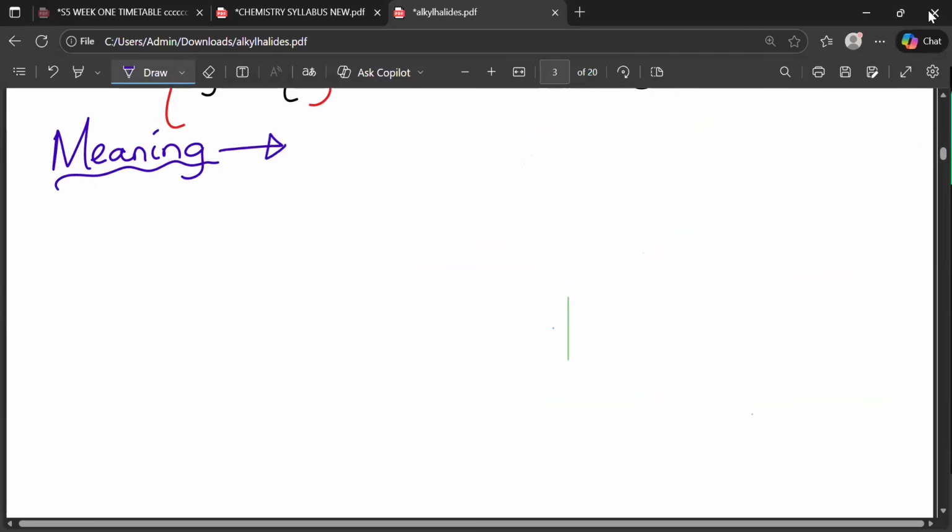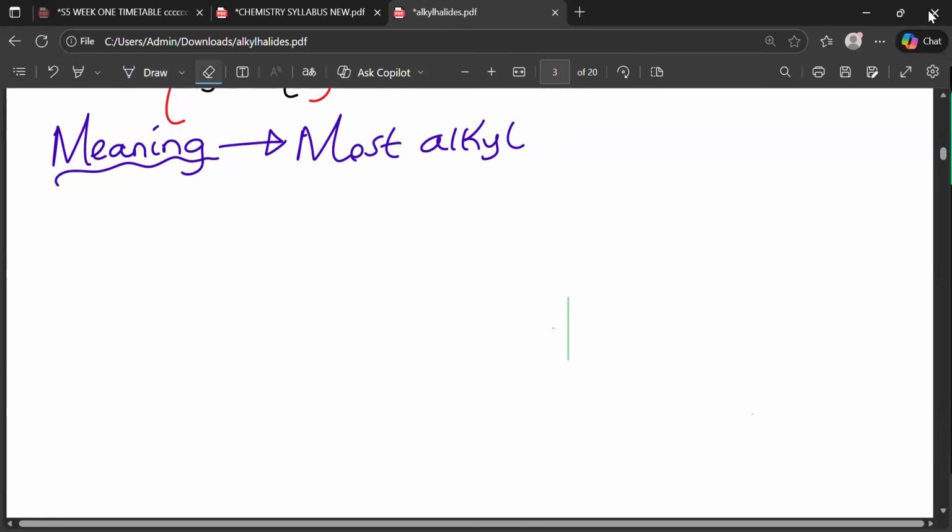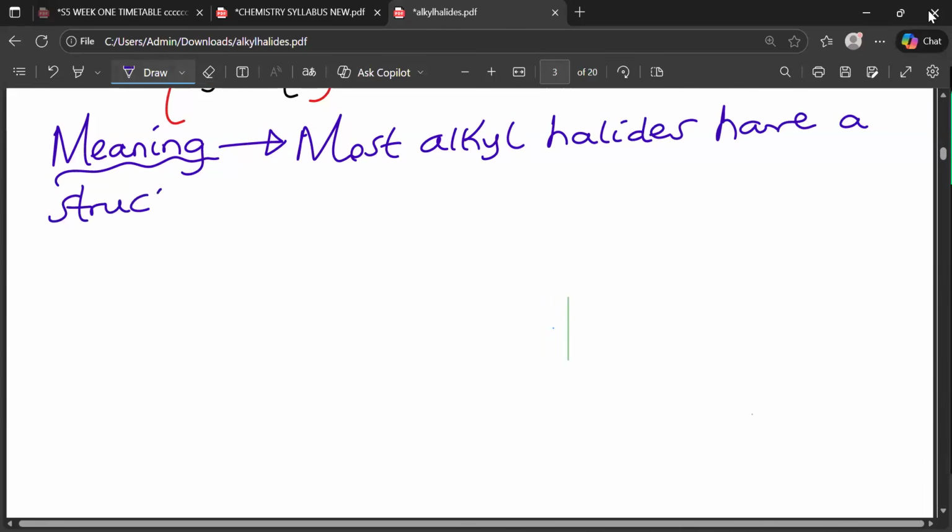It means most alkyl halides have a structure RX, like that. So what I want to talk about here is, what is the R and what is the X?